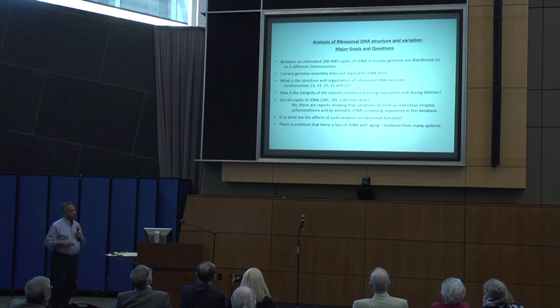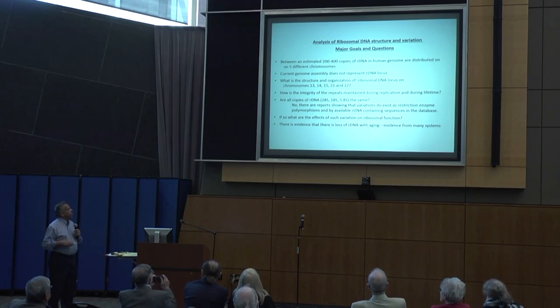And if you want to maintain up to 400 copies, the problem is how do you keep all of them the same? Because natural mutations may diverge each copy, and that will have an effect on the function of the ribosomal RNA.